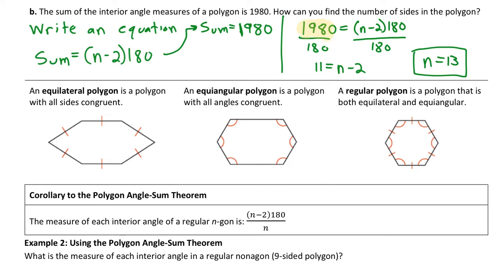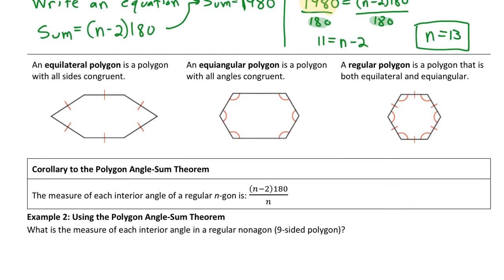I divided both sides by 180, and I got 11 equals n minus 2. The number of sides would then be 13. So we're going to get some practice doing that, finding the number of sides, okay? So working our way back from that.